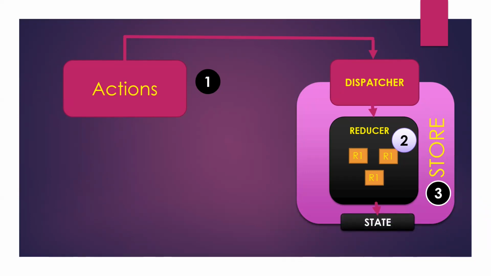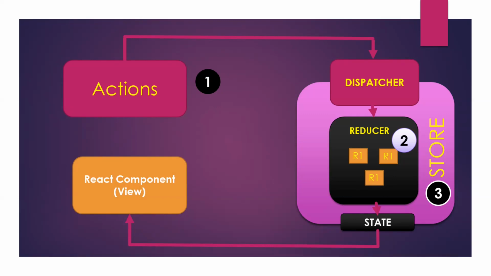So as you can see here, in step number 2, what happens? A new state is generated through the reducer. So that is step number 2, and step number 3 is the store. And the newly generated state is sent to the view component. So this is step number 4. Once again let me repeat.